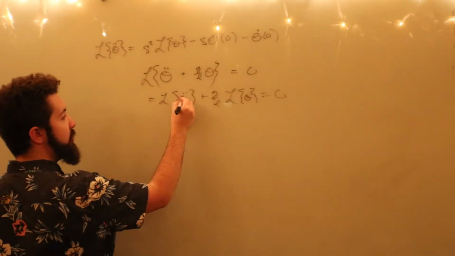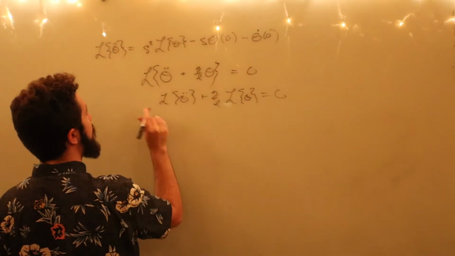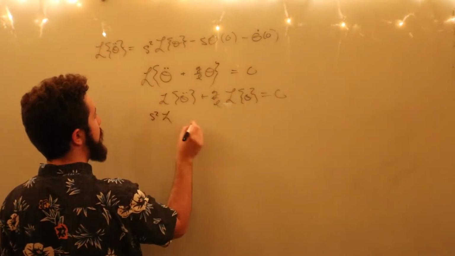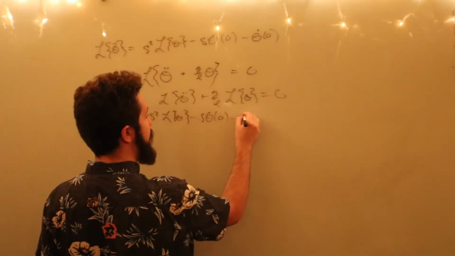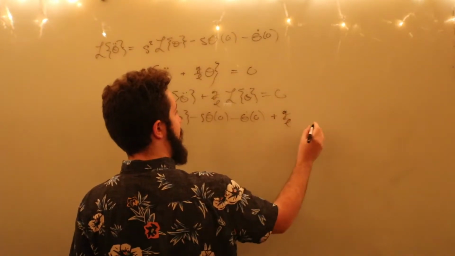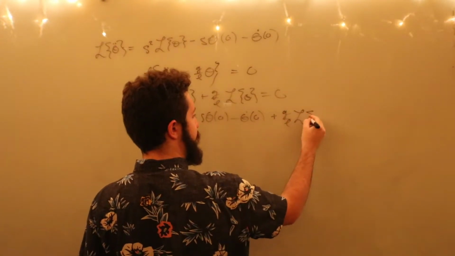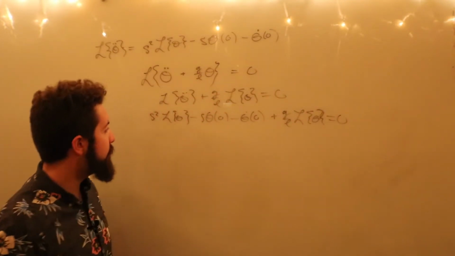But we have an expression for this, right? It's up here. So that means that s squared times the Laplace transform of theta minus s theta of 0 minus theta dot of 0 plus g over L times the Laplace transform of theta is equal to 0.